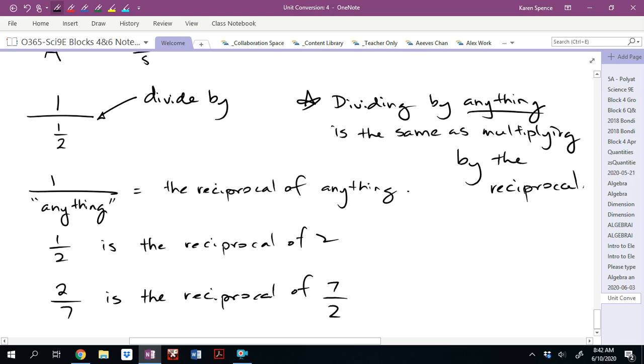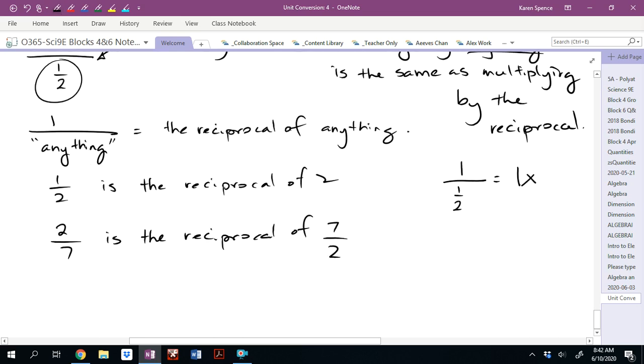So if I am dividing by a half, so I have 1 divided by a half, that's going to be the same as 1 multiplied by the reciprocal of 1/2. And the reciprocal of 1/2 is, well, actually I should have written 2 over 1.